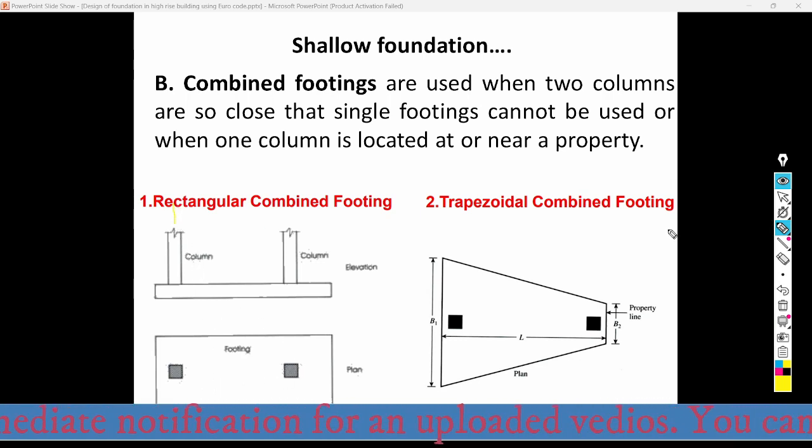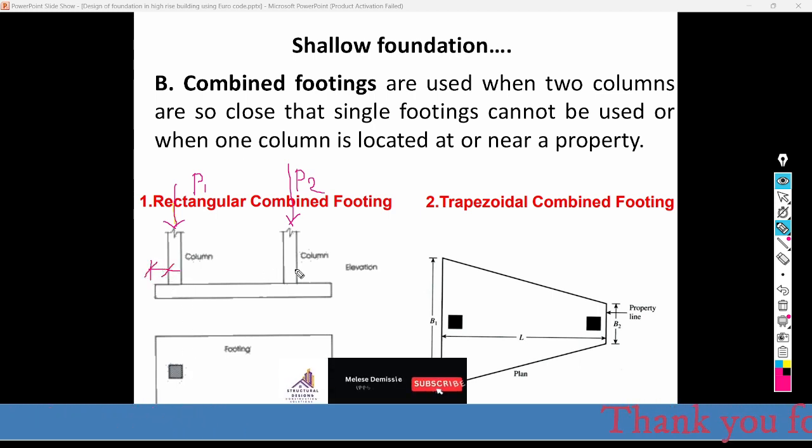We have a column here. Suppose we have a column load P1, and here we also have the other column load, which is P2, coming from the superstructure. There is some edge distance here and here.